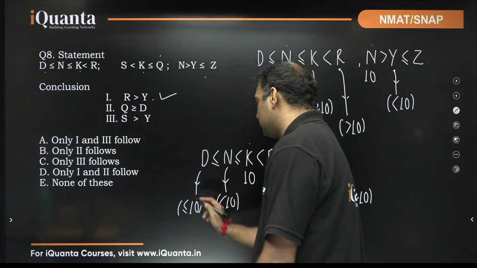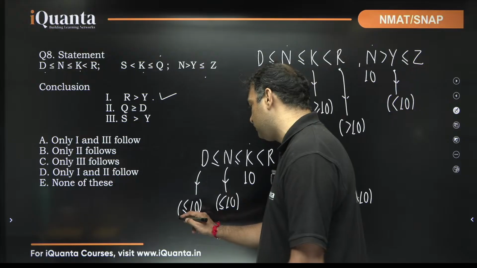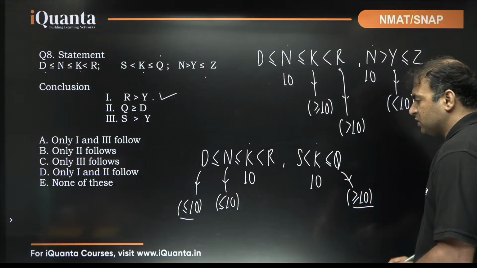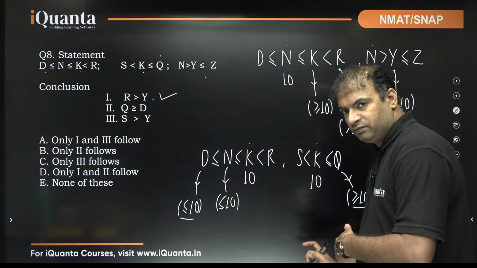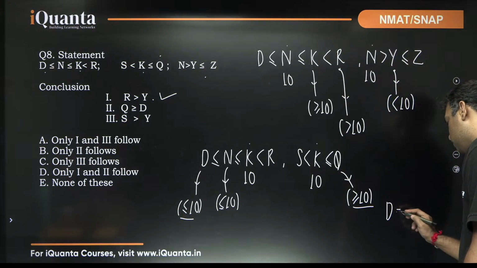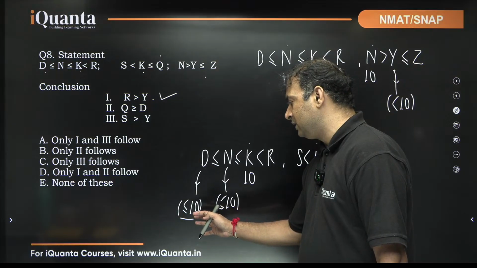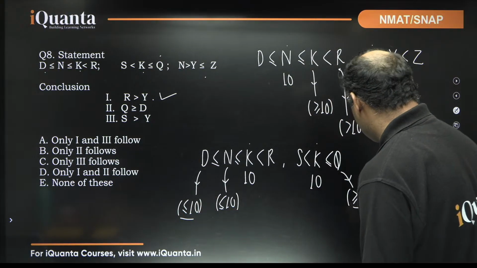So guys, D is less than or equal to 10 and Q is greater than or equal to 10. So what can be the relation between them? There is a possibility that both of them are equal to 10. So D can be equal to Q. Or the second possibility, that D is less than 10 and Q is greater than or equal to 10.